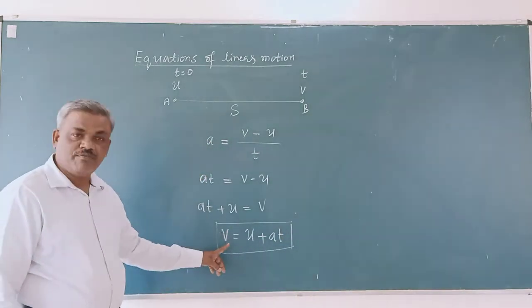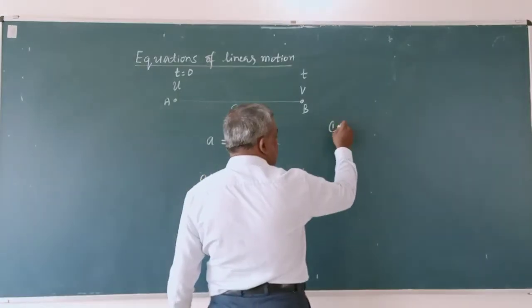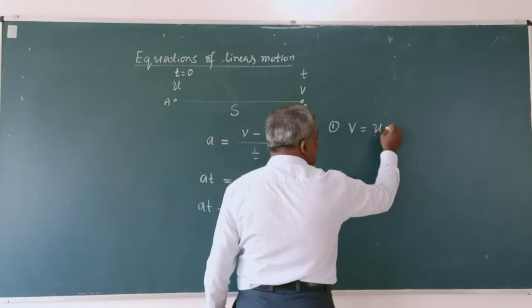This is the first equation of linear motion: V equals U plus a t.